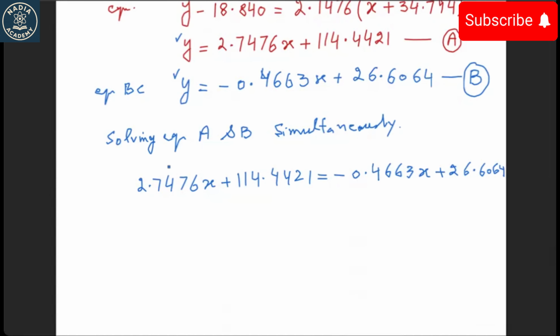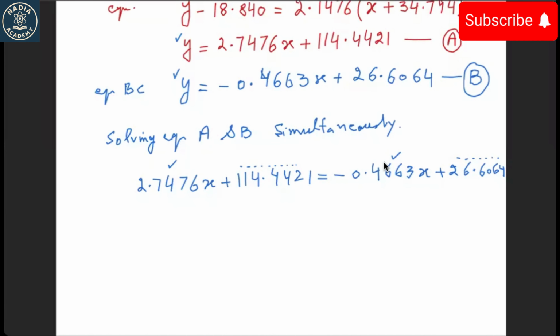Okay, now we can see that this is the x term. This is also the x term. On the other hand, this one and this one are the constant terms. So you can bring this negative x term to the left side and add it to the x term on the left hand side. And the constant term from the left hand side, you can move it to the right hand side. And then you can solve this equation to find the value.